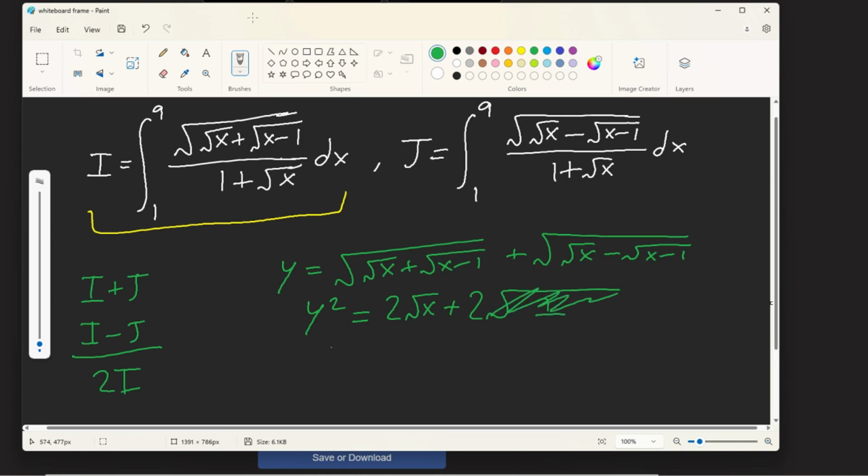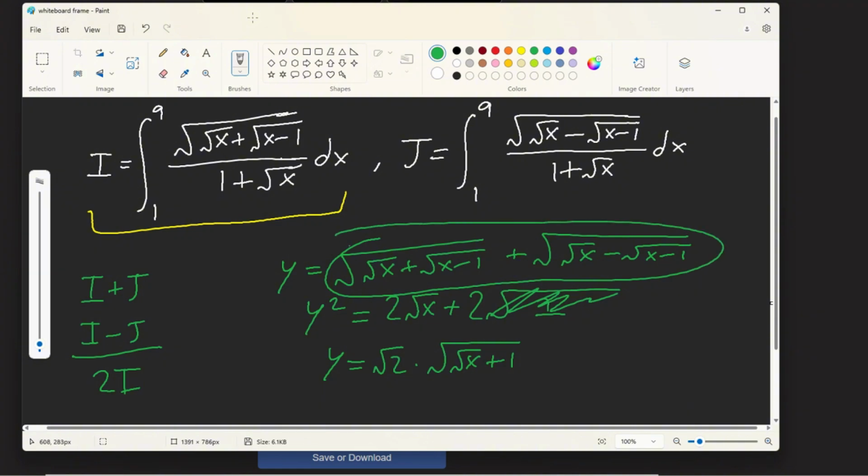And now look, you just simplified it. Square root it back, and now this is square root of 2 times square root of x plus 1. So this whole thing equals this, and it's so much nicer.